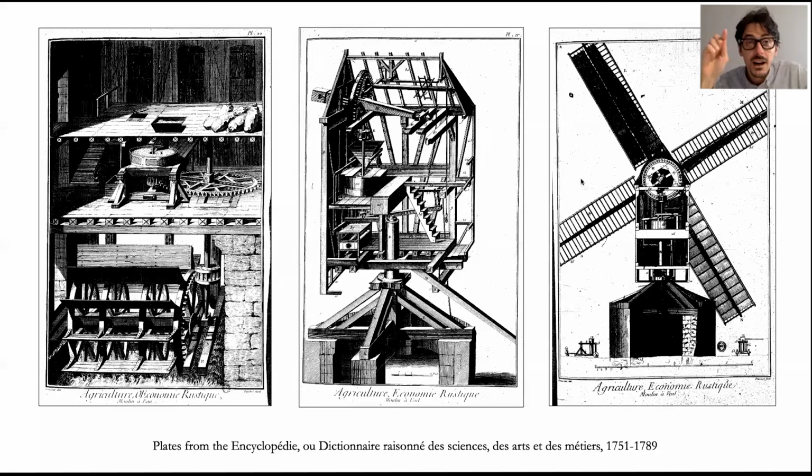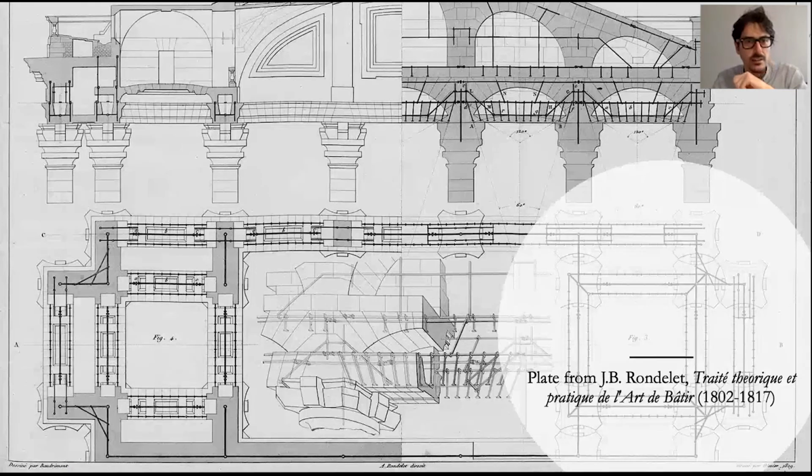But the encyclopedia shows that architecture is dedicated to very technical objects. And we see architecture spread basically in the overall domain of craftsmanship. And this is very interesting because if we go ahead like 20 years, at the beginning of the 19th century, we see that the encyclopedia produced a huge effect on the way architecture was conceived.